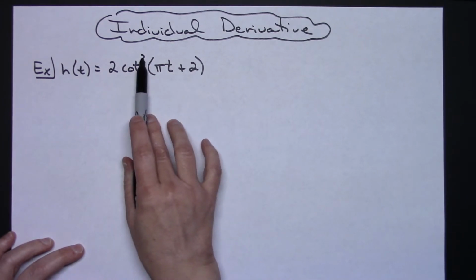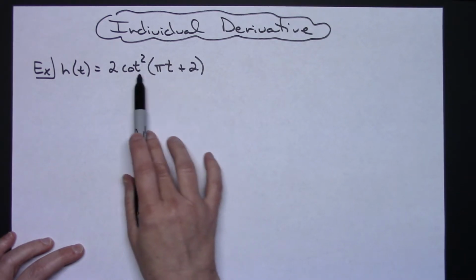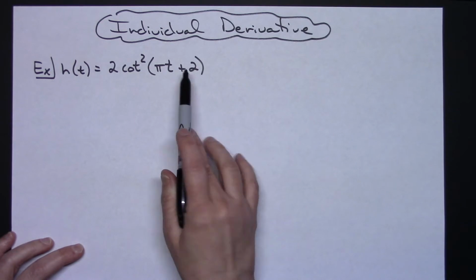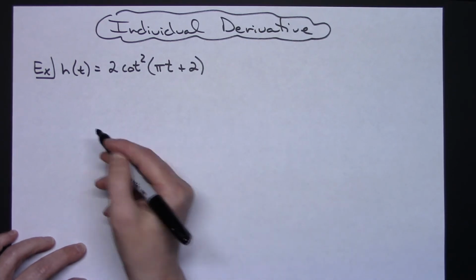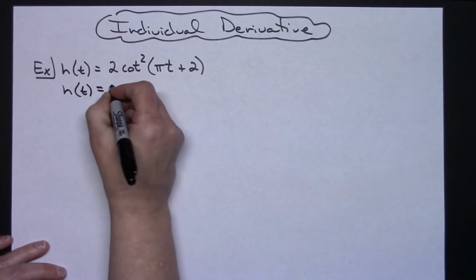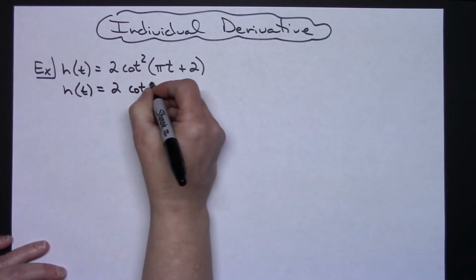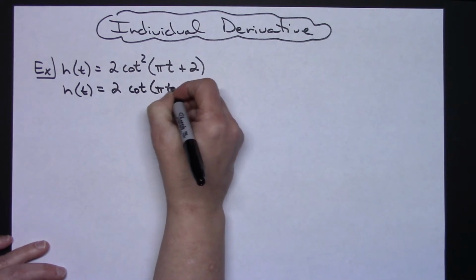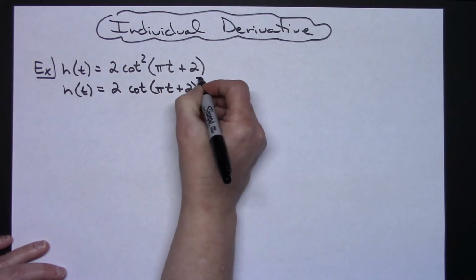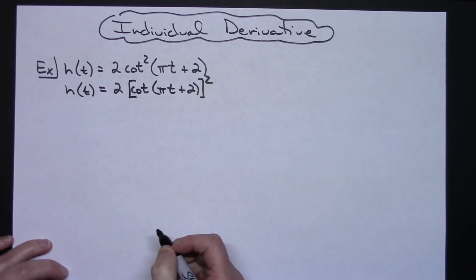Right here I've got a cotangent squared of pi t plus 2. Which means that cotangent, I have two of them. So a lot of times I will encourage my students to rewrite the function so that it clearly shows you've got two. So I can do cotangent of pi times t plus 2, and then this entire cotangent function there is squared.